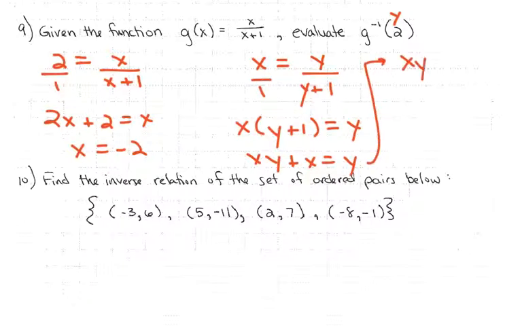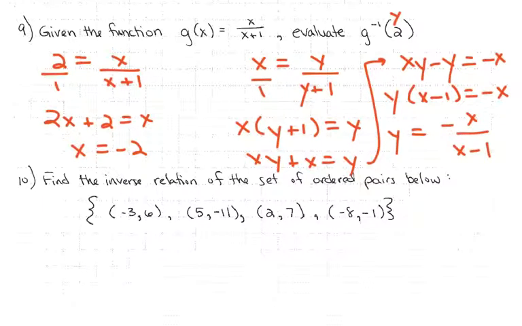So I would get xy minus y is equal to -x. And then I would factor out a y, and then divide by x minus 1. And there's the equation of my inverse. And now I would plug in 2 everywhere I see an x, and I would get -2 over 1, which is -2.